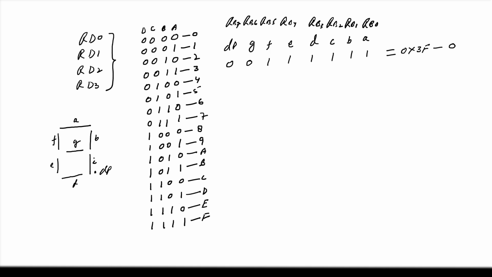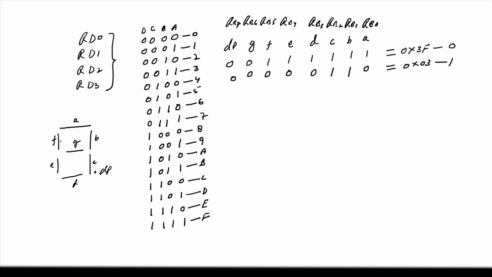To display the number 1 on this 7 segment display, only B and C segments will be on and all other segments will be off. So we can write B and C will be on and all other segments will be off. Now the equivalent hex number is 0x03, which will display the number that is 1.